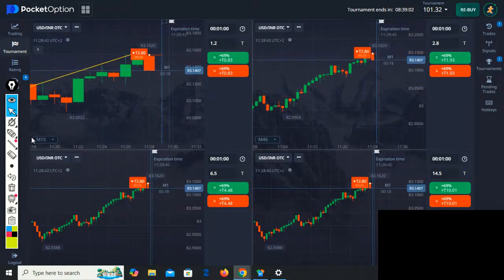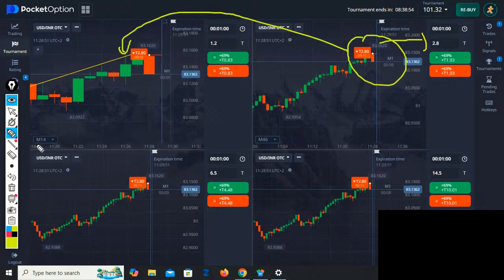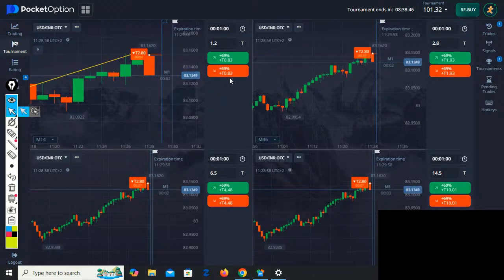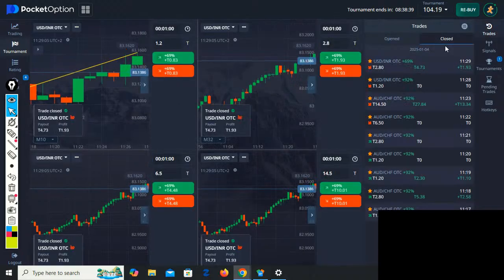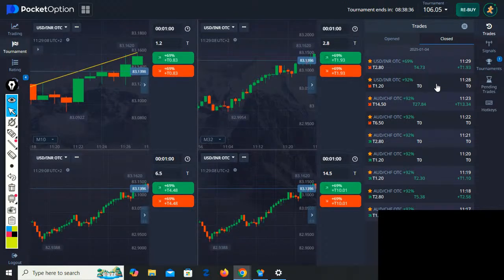Okay, so if this is a winning trade that we took here, the cycle has ended, we go back to stage one. 69% payout, come on. The first one was also, let me see. Okay, we still are in profit. We still made a few bucks.